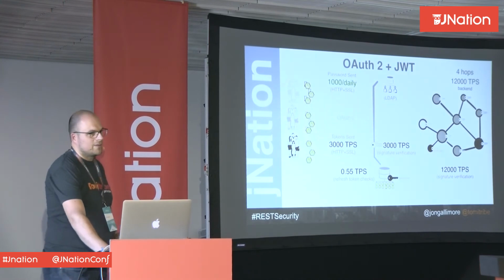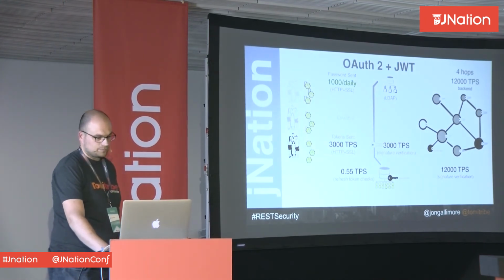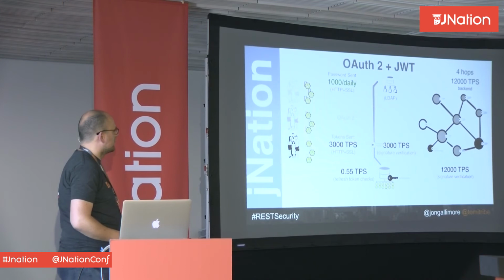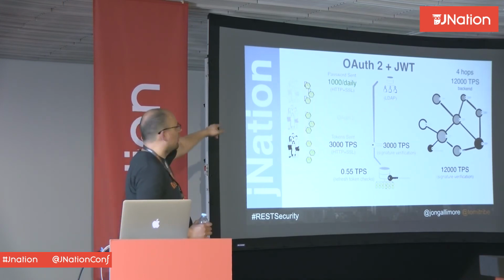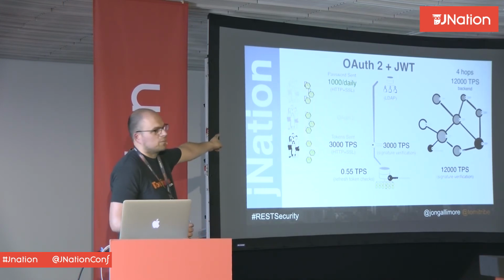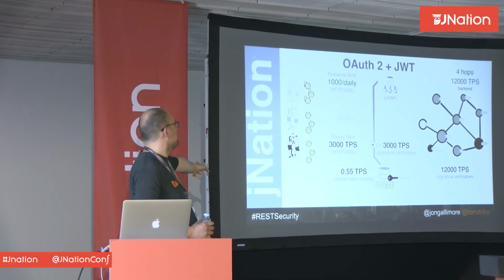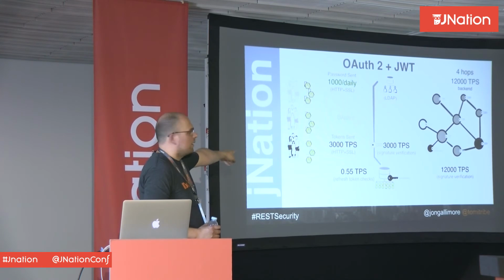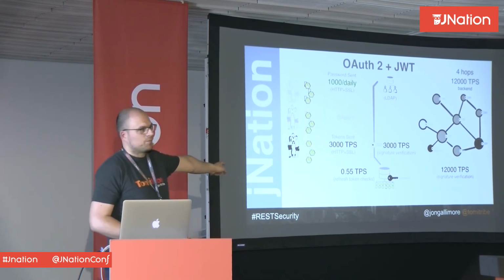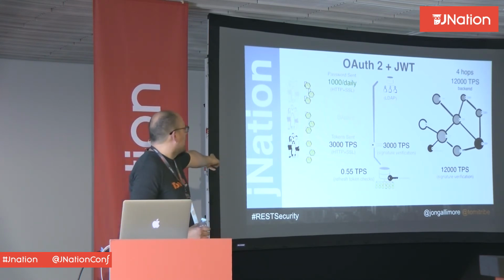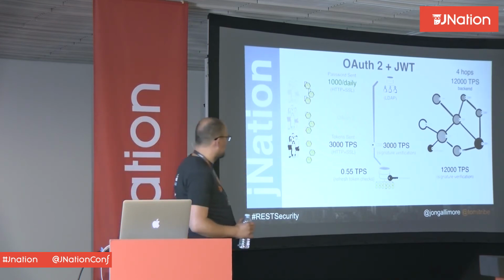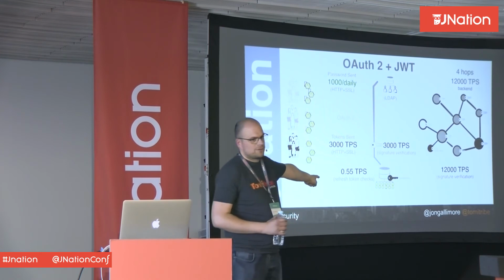So if we take a look at this in our architecture, you can see that things are a little bit different now. We have our 1,000 usernames and passwords sent at the top to authenticate our users at the start of the day. Then we have our 3,000 TPS regular calls, but slightly differently now, we have decided to do a check just on the refresh token here.